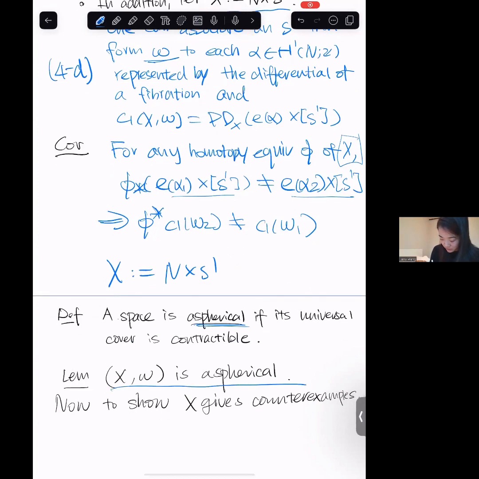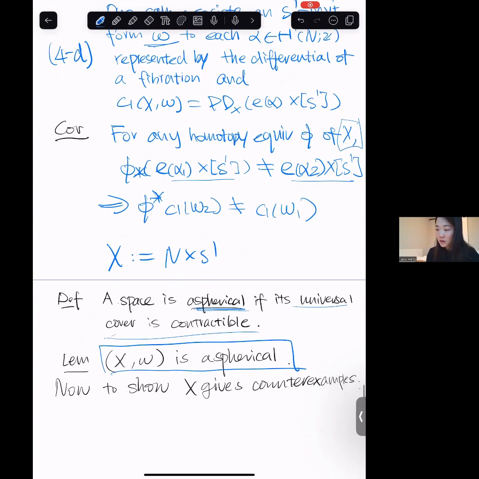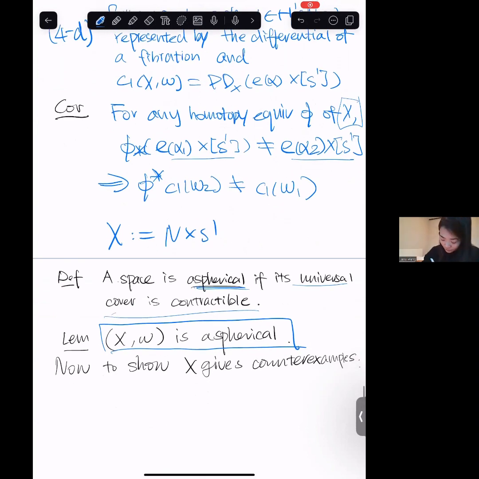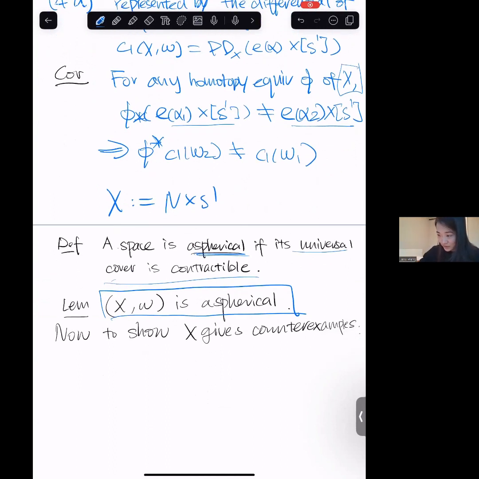Recall that aspherical means the universal cover is contractible. Now we use this information to help us study all diffeomorphisms psi of X cross S2.